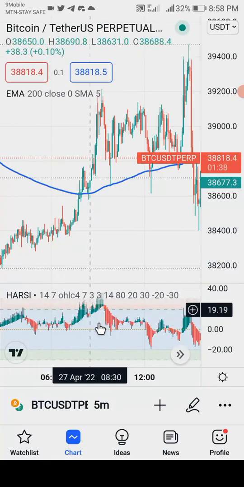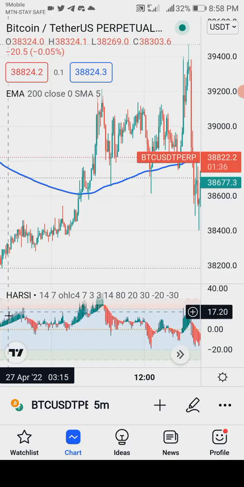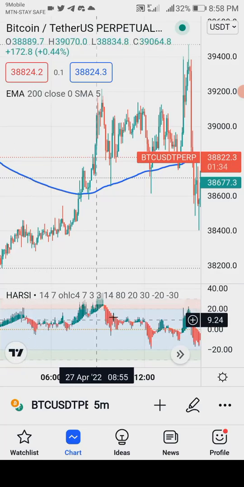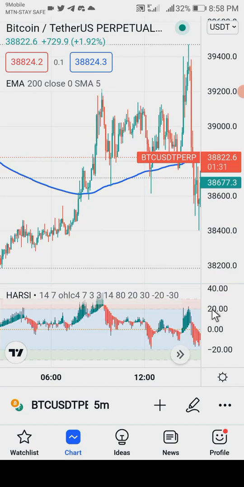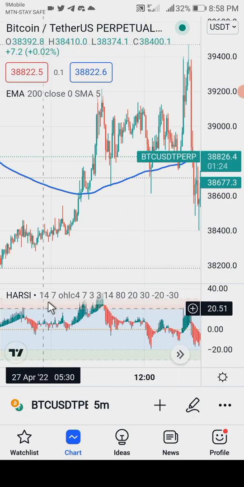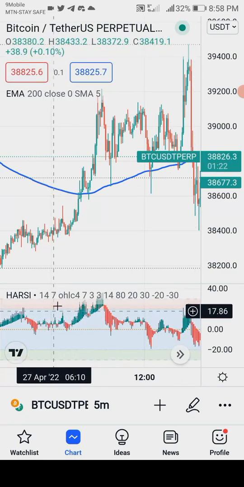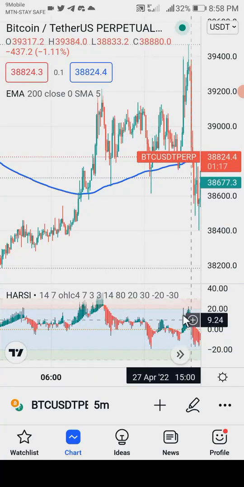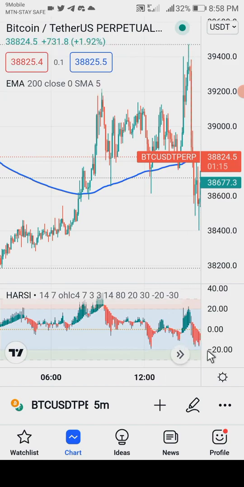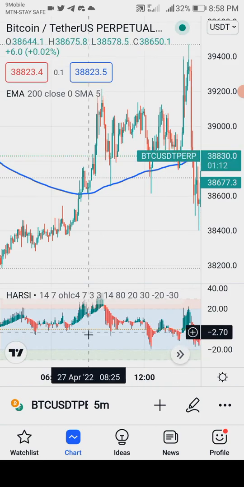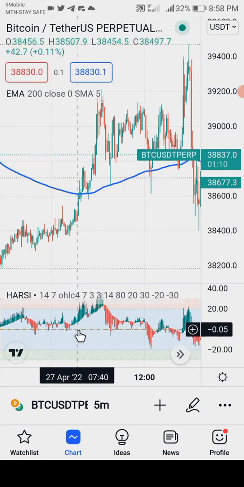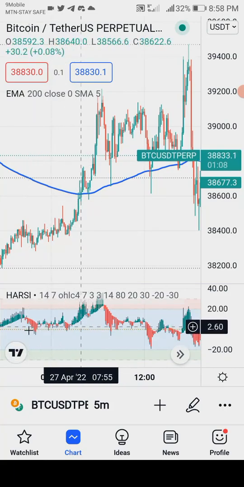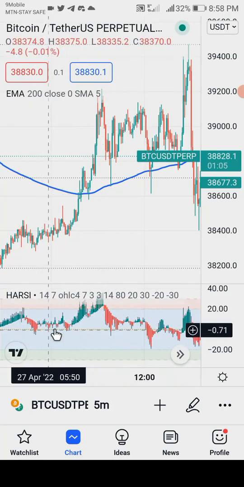And also here, once you notice that the market is moving in between the 0.00 up to positive 20, the market is telling us that we are on the upward trend. And when the price is in between 0.00 and negative 20, we are on the downward trend. And if it's just touching this line and moving in between, the market is just consolidating. That means the market is just going sideways.